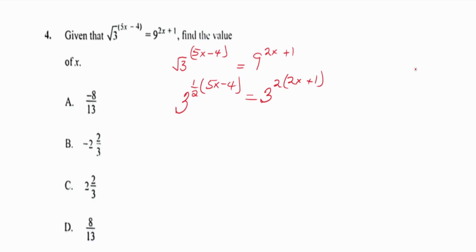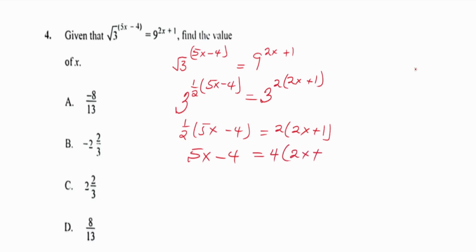That will mean that 1/2 multiplying 5x minus 4 will be equal to 2 multiplying 2x plus 1. I don't want to deal with fractions, so I'll multiply both sides by 2. So I'm going to have 5x minus 4 equal to 4 multiplying 2x plus 1.